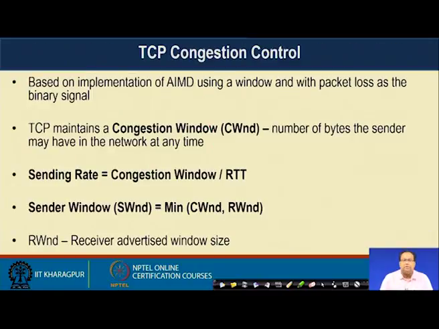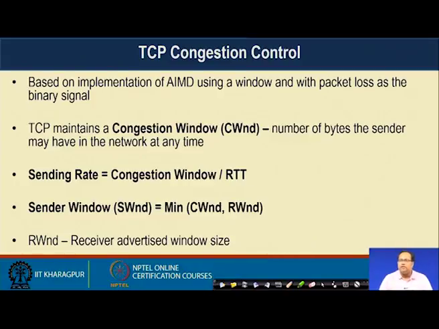So, here is the basic congestion control algorithm for TCP. It is based on the implementation of additive increase, multiplicative decrease using a window based control mechanism, and TCP considers packet loss as a notion of congestion.